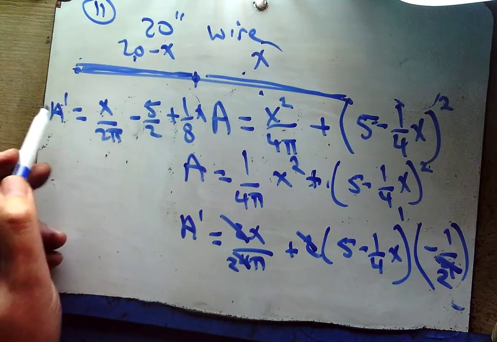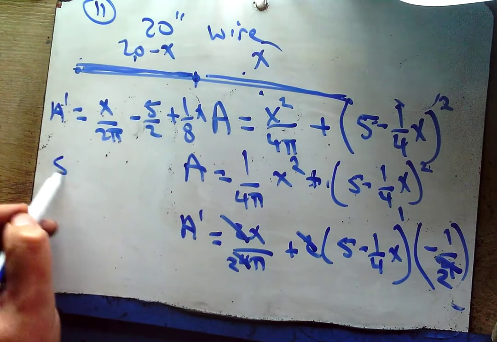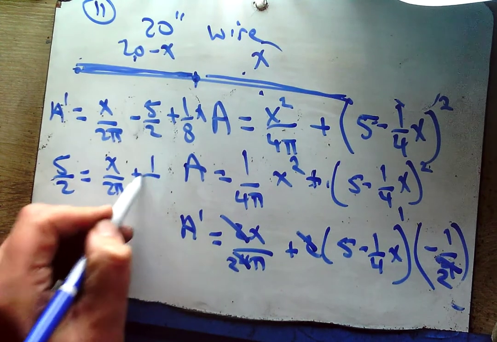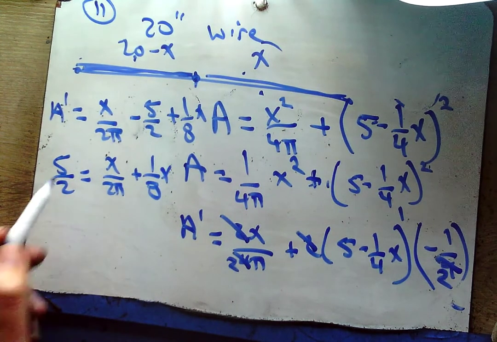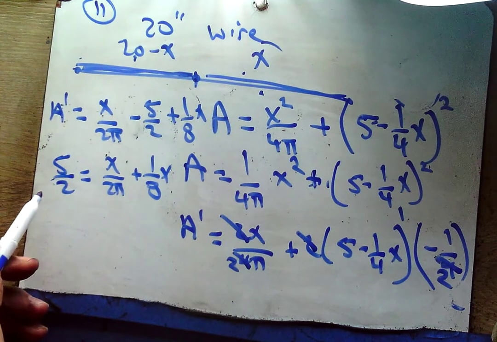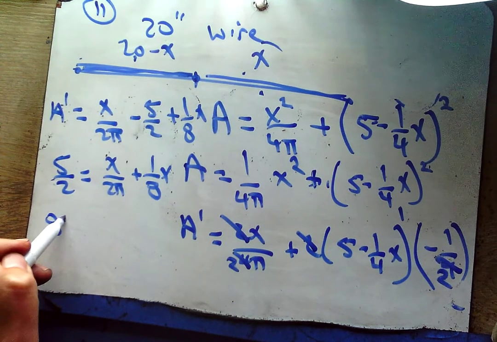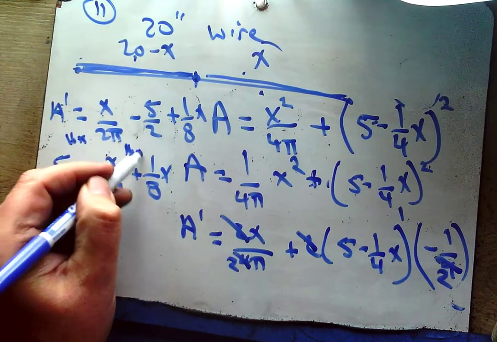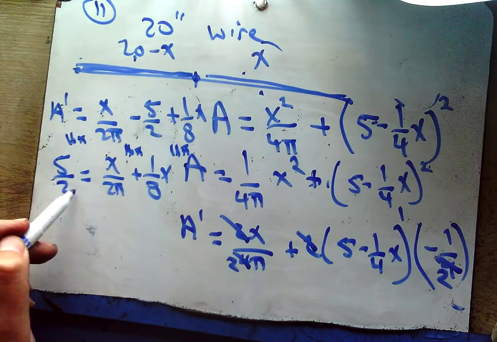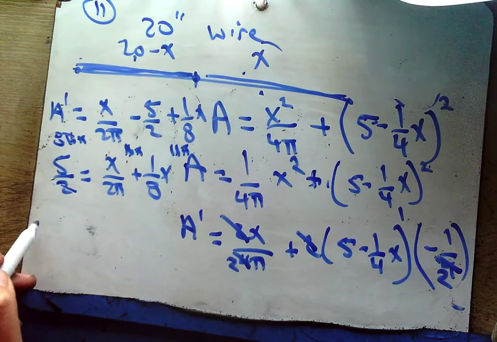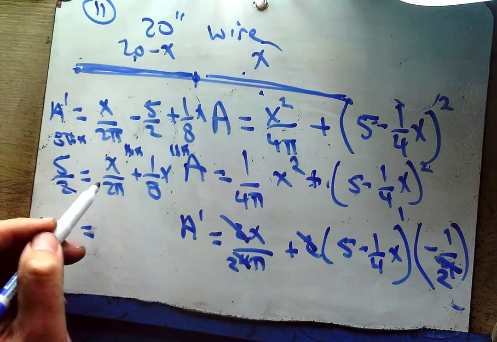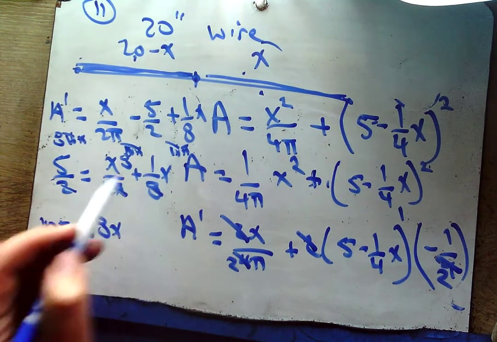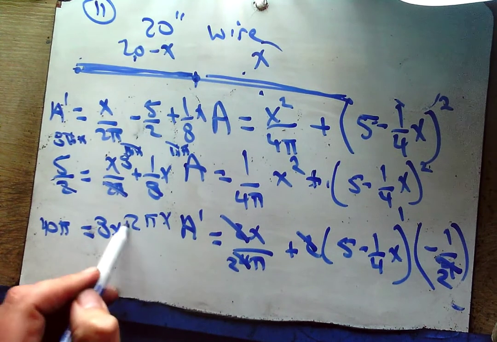All right, we want A prime equal to 0, so I'm going to move that 5 halves over, and I get x over 2 pi plus 1/8 x equals 5 halves. I kind of want to multiply everywhere by 16 pi, so this will cancel out. 8 pi times 5, 40 pi, equals 8x and 2 pi x.